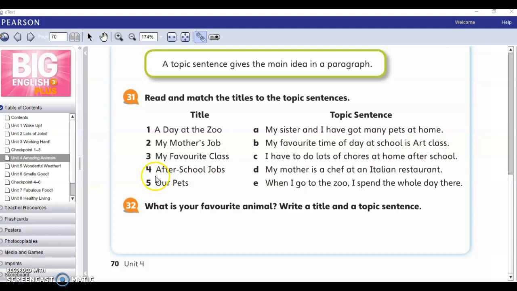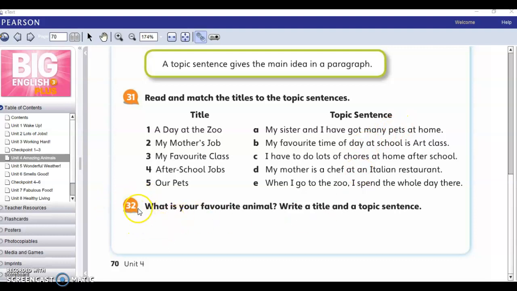In number 4, after school jobs. Jobs is another word for chores, so it goes with C. "I have to do lots of chores at home after school." So 4 with C. And finally, 5, our pets, goes with A. "My sister and I have got many pets at home." So pets are common in the two sentences.